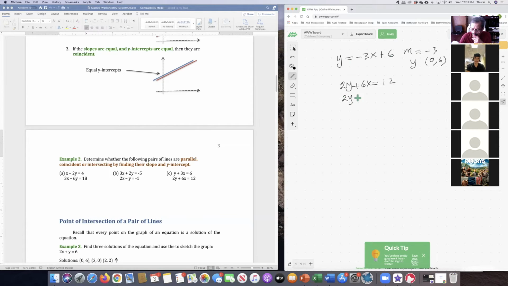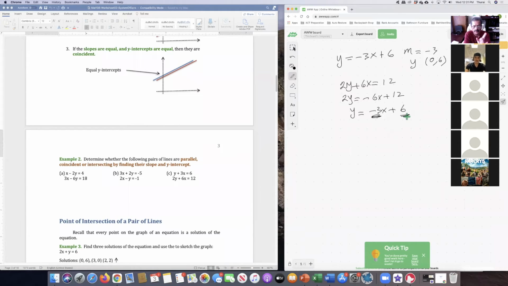Rearranging it, 2y equal to minus 6x plus 12, divide by 2, y equal to minus 3x plus 6. Can you see that slope is minus 3, y-intercept is 6. So the slope and y-intercept are matching. That's when they are coincident, right? So these two lines are coincident.